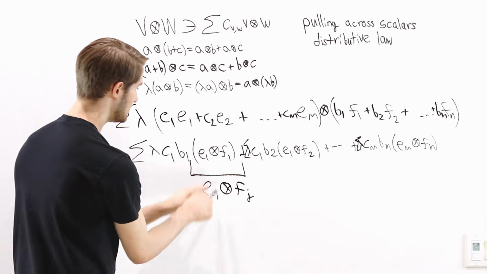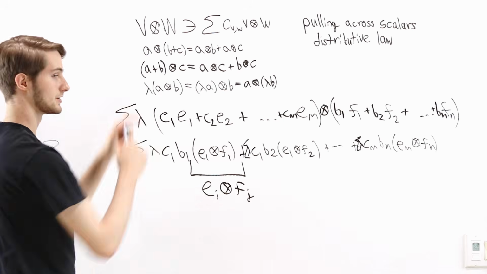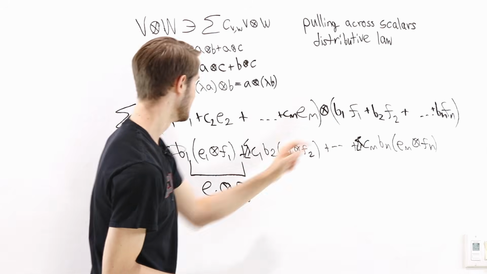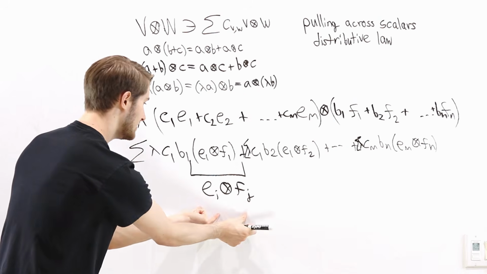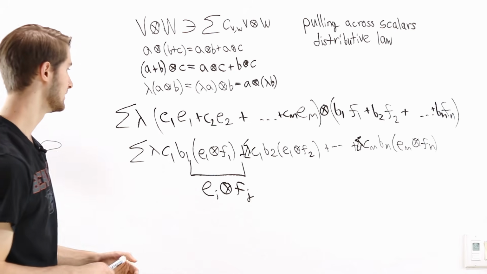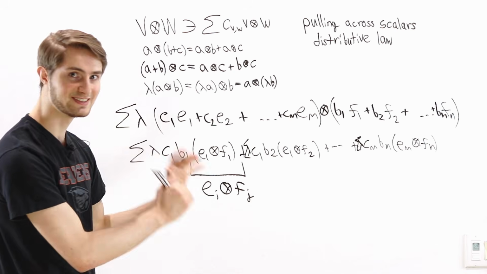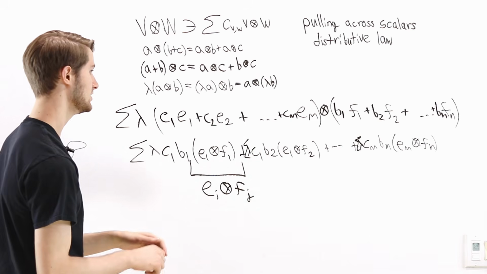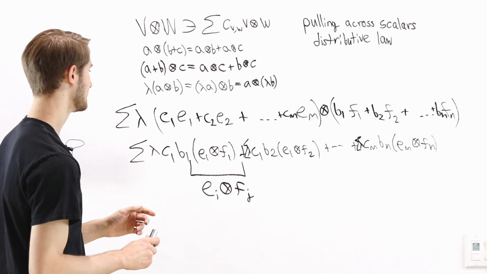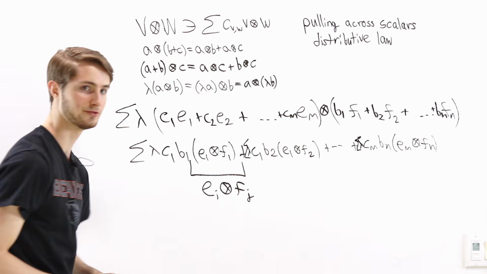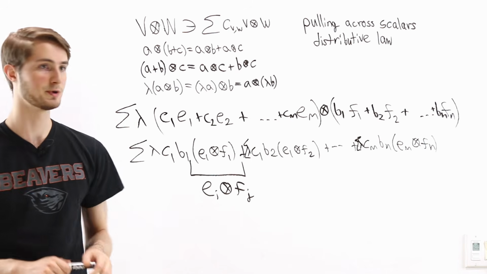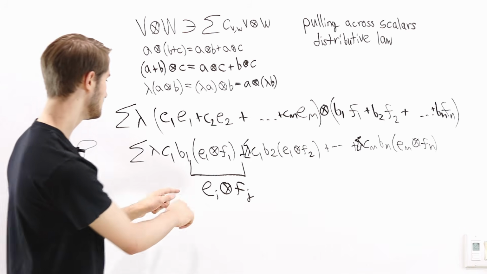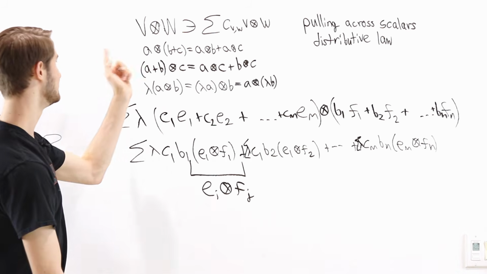In other words, these pure tensors generate the tensor product V tensor W. If we have a basis for V and a basis for W, taking the pure tensors, where we put those two basis vectors together for all possible pairs, that gives us a generating set for the tensor product V tensor W, because we can always expand out this linear combination using the distributive law to get these pure tensors all by themselves. And it's a little more difficult to prove this part, but in fact, these tensors are also linearly independent, which means these pure tensors are a basis for V tensor W.